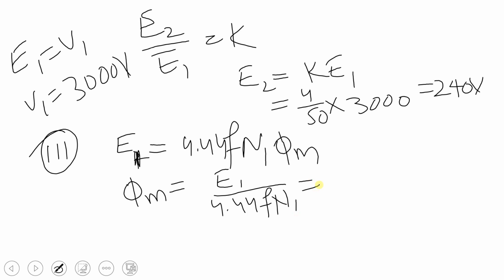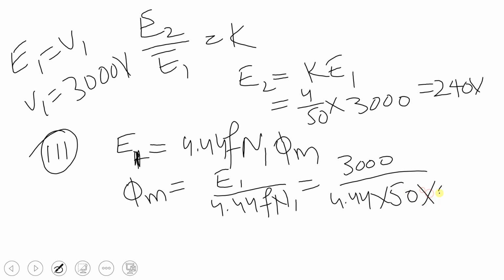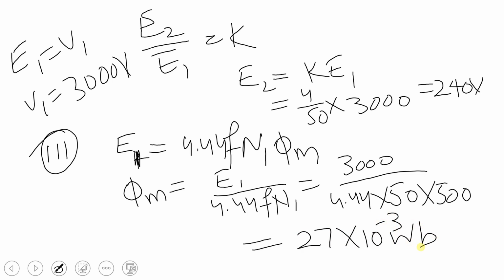We know the value of E1 is 3000, upon 4.44 into frequency, which is given to us as 50, and the number of turns we find out is 500. When we solve this we will get 27 into 10 raised to power minus 3 Weber, or we can write it as 27 milliweber. So this is how we solve the second numerical.